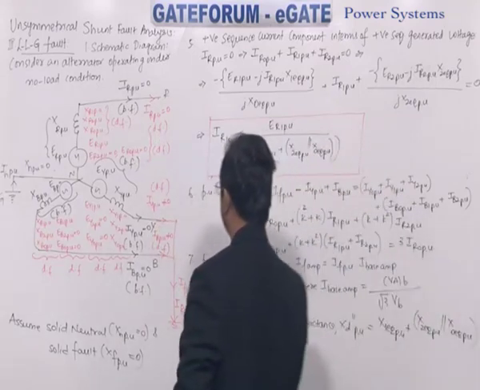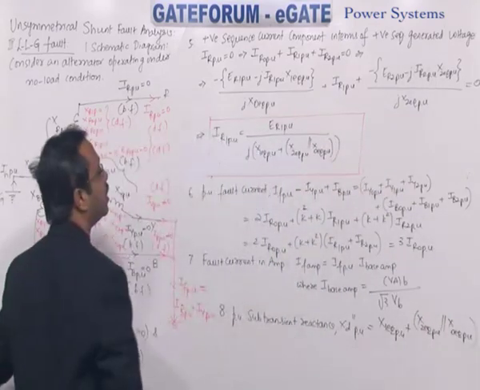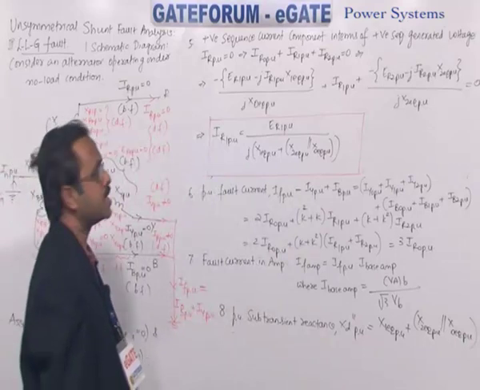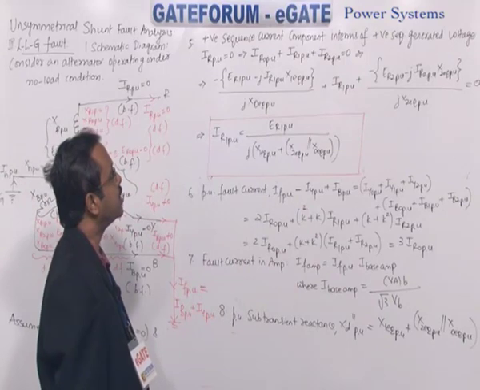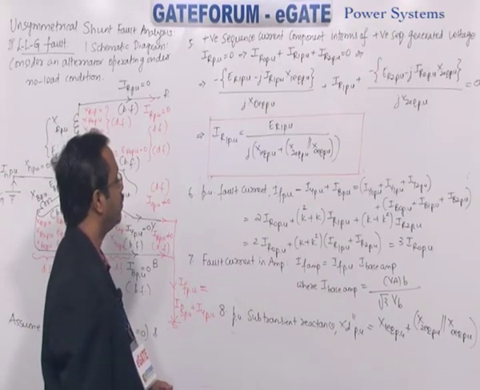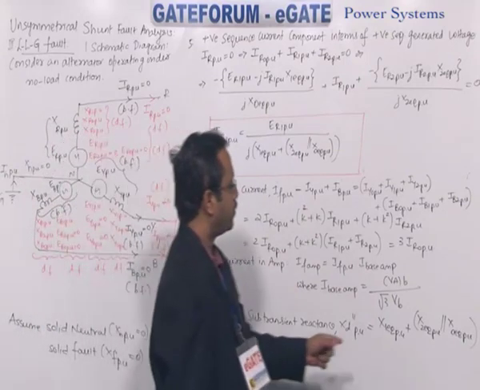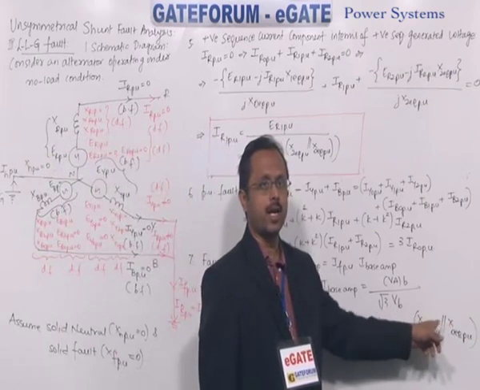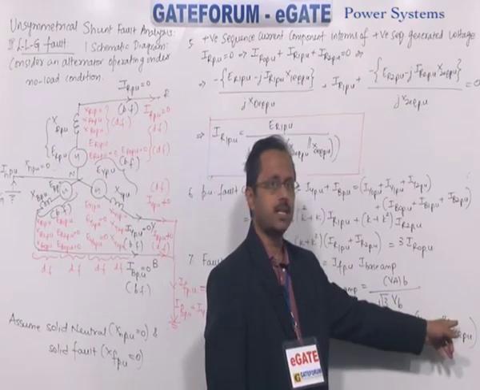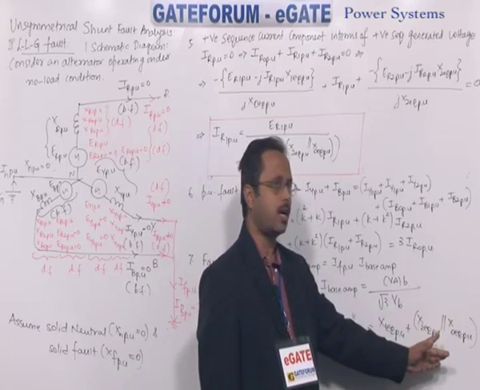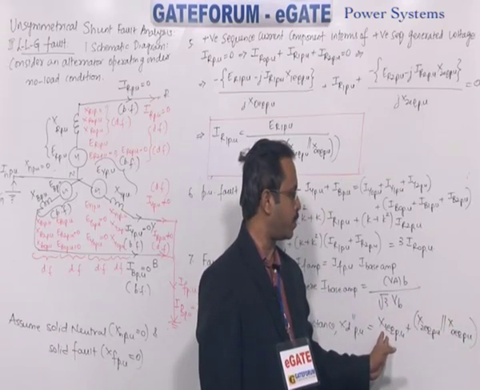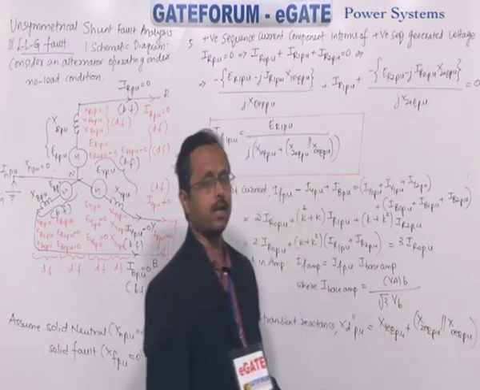Now, knowing this subtransient reactance, we have to draw the sequence networks. How to draw the sequence networks? You connect the negative sequence network and zero sequence network in parallel, and to that parallel combination add the positive sequence network.